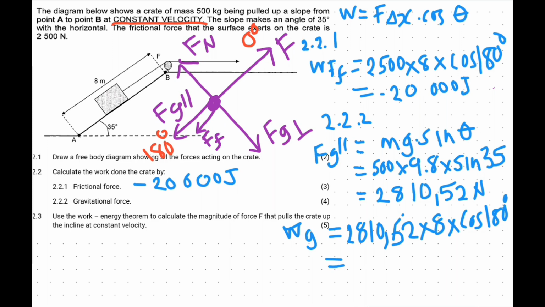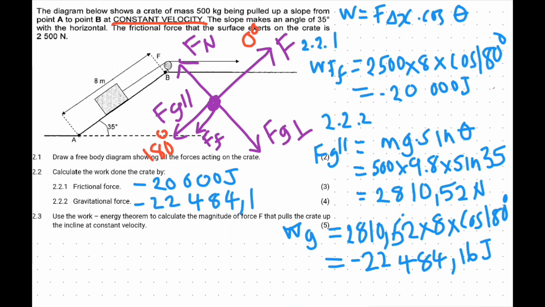So this gives me a negative 22,484,16 joules. This is a negative 22,484,16 joules. Okay.